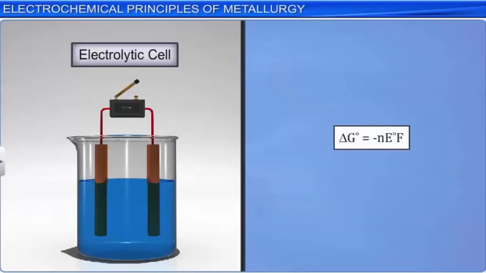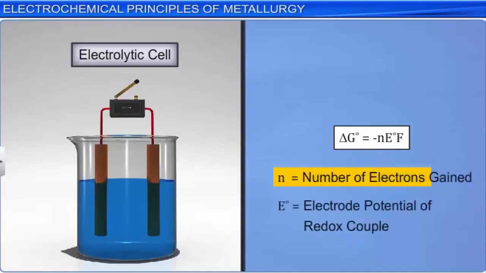These electrochemical principles are explained in the equation shown here. ΔG° = -nE°F. Here, n is the number of electrons gained, and E° is the electrode potential of the redox couple.